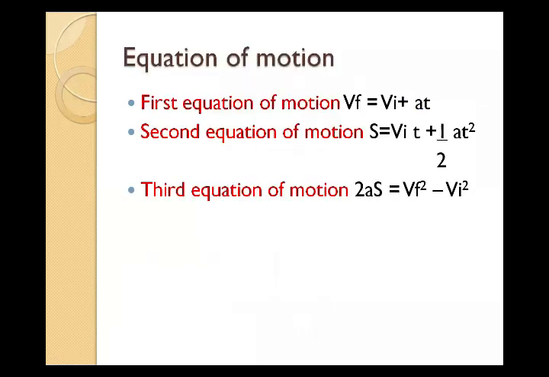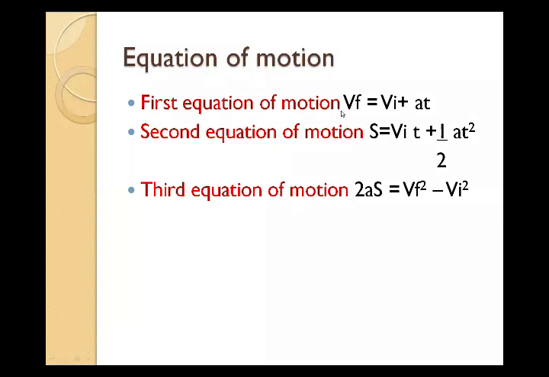Now students, remember that we discussed equations of motion in chapter number 3, that is kinematics, but in the numericals of chapter number 4 we also use these equations again. Do you remember what these equations are?